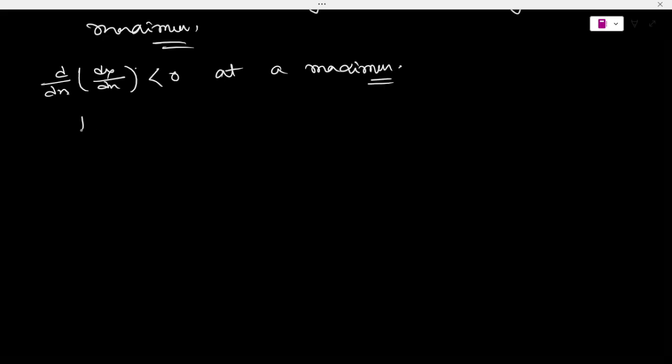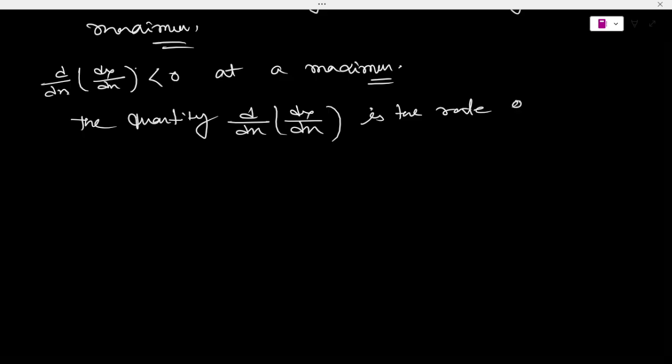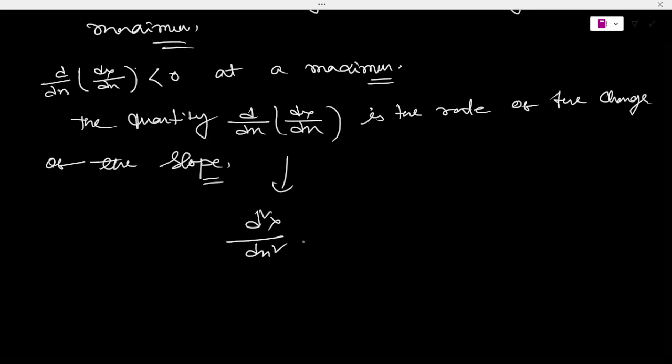The quantity d/dx of dy by dx is the rate of change of the slope, and it is also written as d square y by dx square.